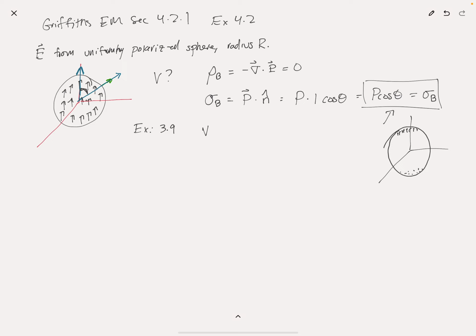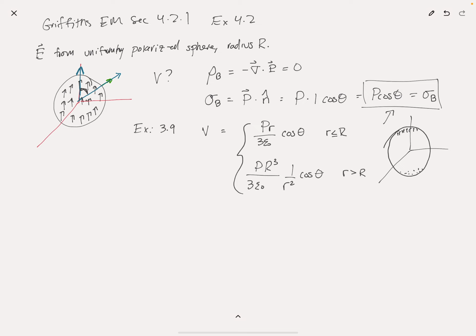Example 3.9 says that the potential is P r over 3 epsilon naught times cosine theta when we are looking inside our sphere, and it is P R cubed over 3 epsilon naught, 1 over r squared, cosine theta when r is outside.